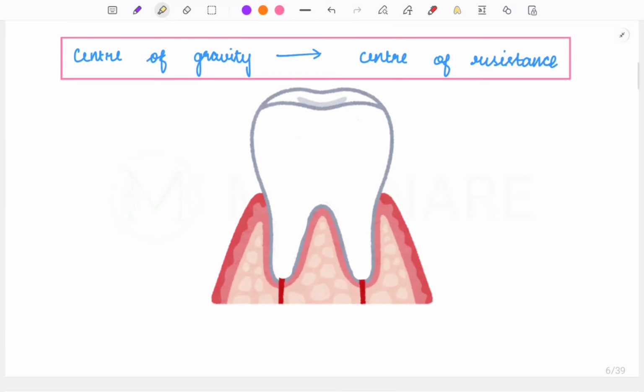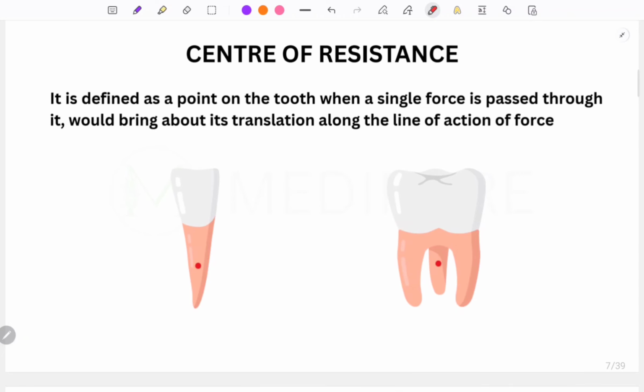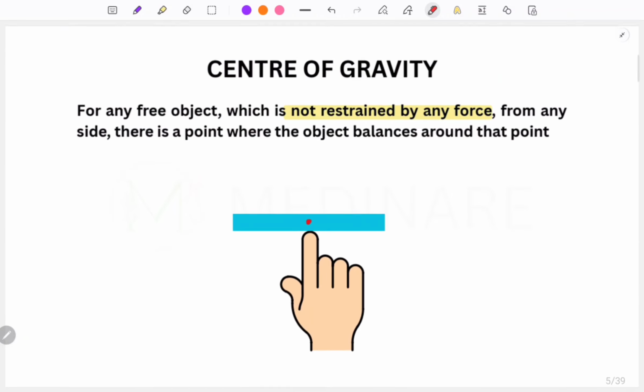But in our tooth setup, the center of gravity is converted into center of resistance. Why? I'll tell you. What is exactly center of resistance? It is defined as the point on the tooth when a single force is passed through it. Now here we saw that it is not restrained by any force. To make an object stay in rest, we should not give any force, right?